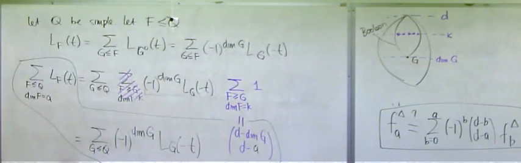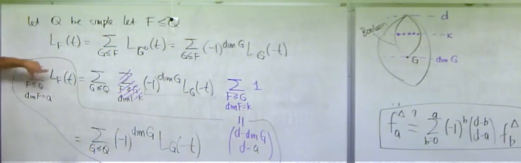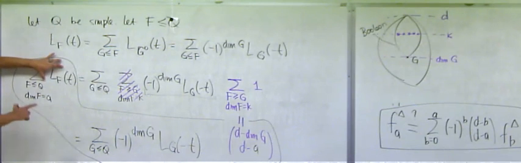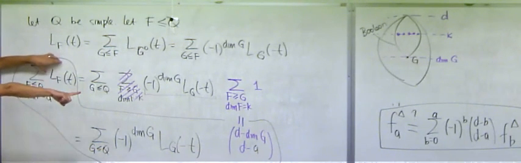And then I'm going to do exactly the same trick that I did for the previous proof. I'm going to say, let's look at the coefficient of t to the 0. Okay? So if I look at the left-hand side, the coefficient of t to the 0 is going to be a sum of 1s. How many 1s? Well, exactly the number of faces of dimension a. So the coefficient of t to the 0 in the left-hand side is exactly f sub a.